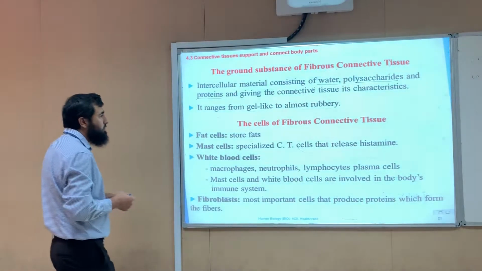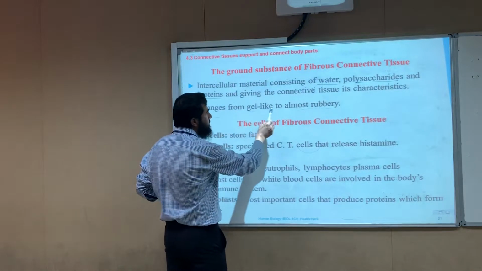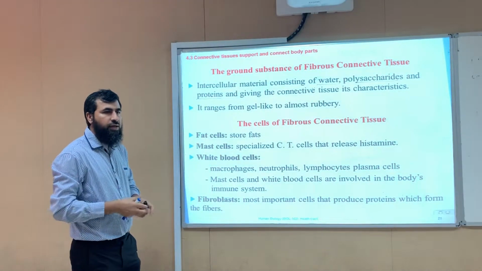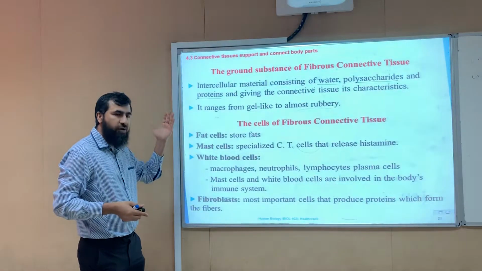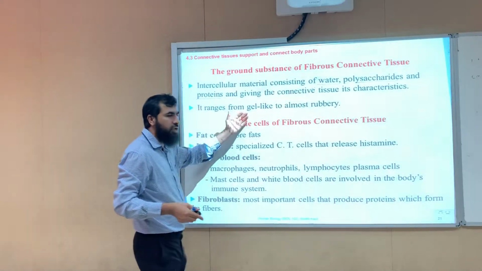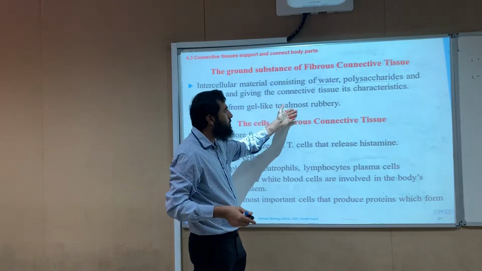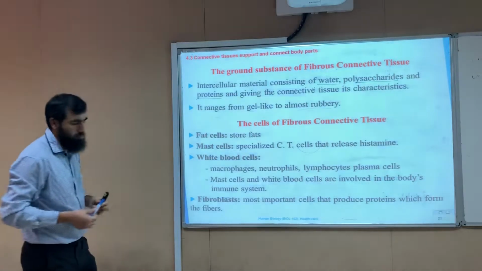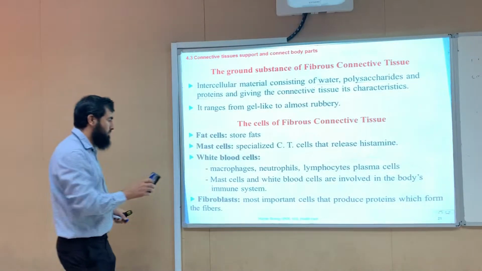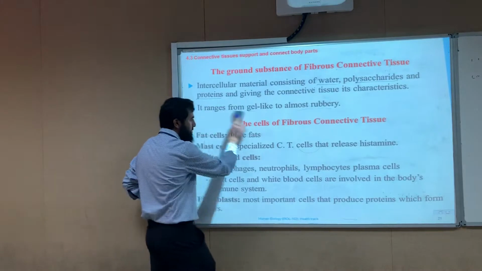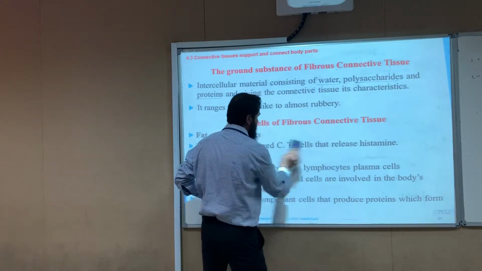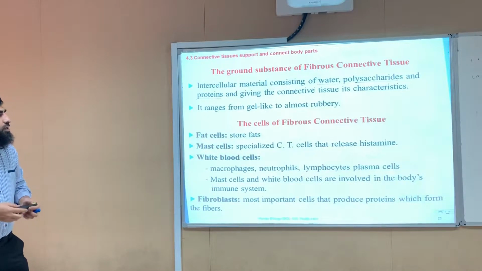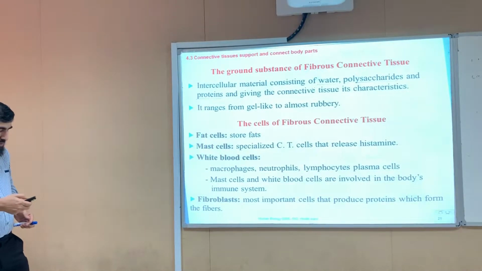So that's the consistency of the ground substance in fibrous connective tissue, from gel-like in the loose connective tissue to almost rubbery in the dense connective tissue. So that's the ground substance.